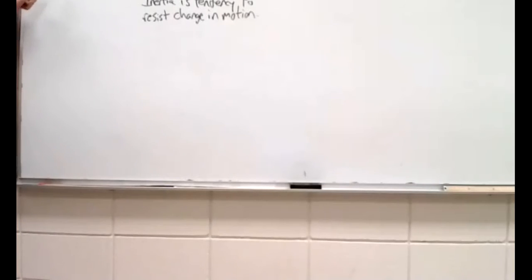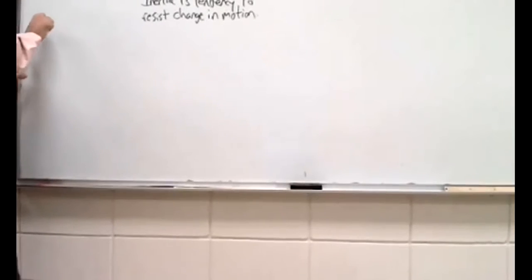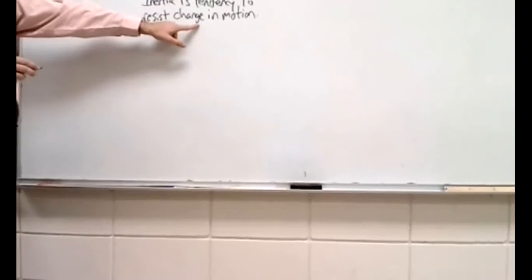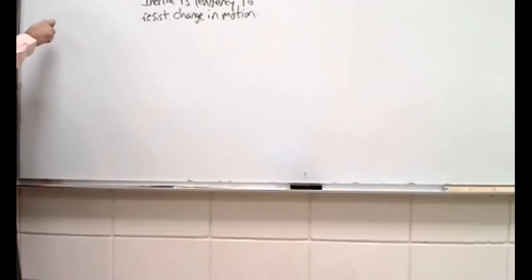So I think we stated this on a chalkboard a couple of days ago. Objects move at constant velocity, right? So if they're moving, they keep moving at that constant velocity. If they're at rest, they have a constant velocity of 0.